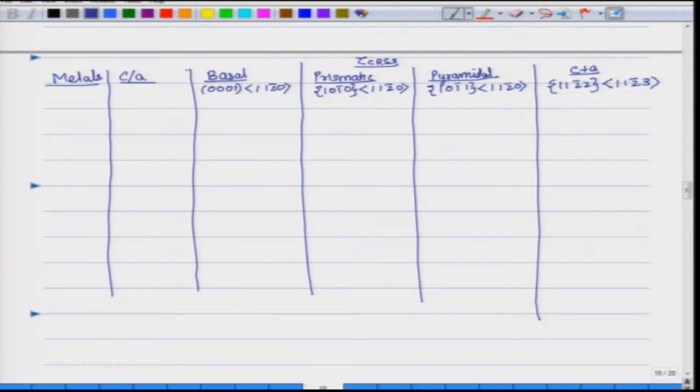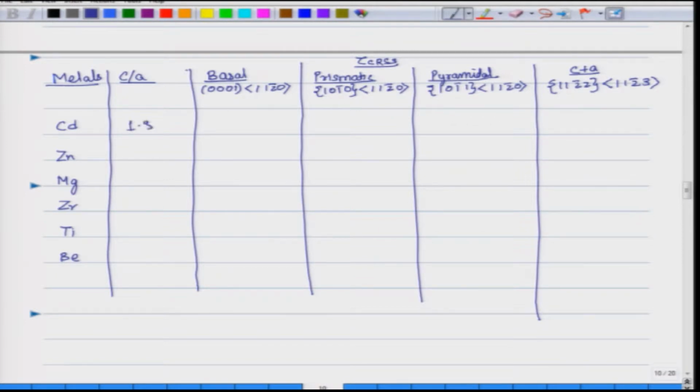Okay, so let us list out some of the elements. Metals: cadmium is one of the hexagonal systems, zinc is another one, magnesium is another one, zirconium is another one, titanium is another one, and beryllium is another one. This is not the exhaustive list, but we are just comparing here some of these values. So, what are the c by a values?